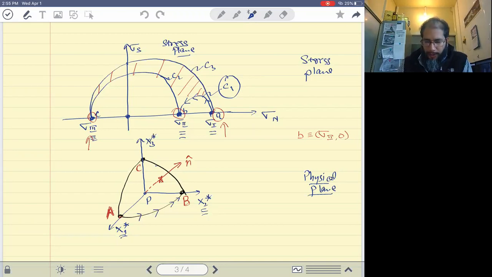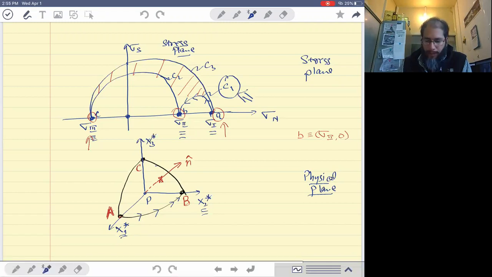Because when I stay on the circle C1 here, that basically means that I'm moving in a plane in the physical plane, which is a plane perpendicular to X3 star. Okay, so any point on circle C1 corresponds to a normal which is at 90 degrees to the X3 star plane.